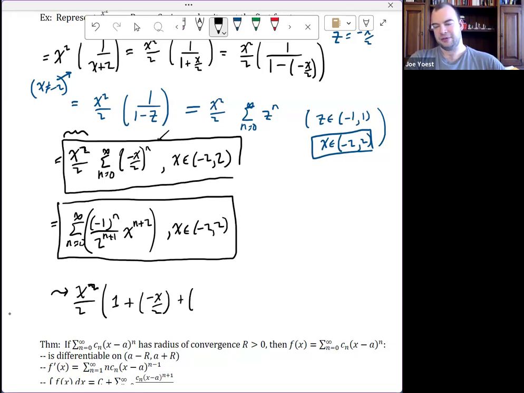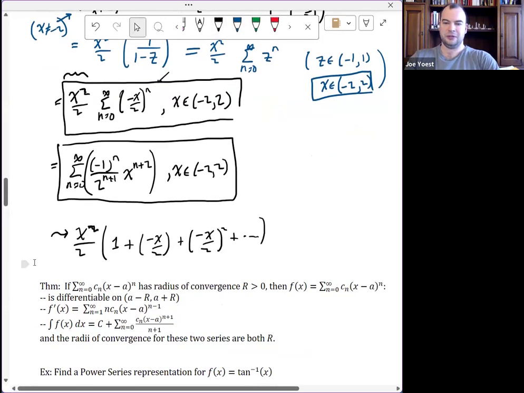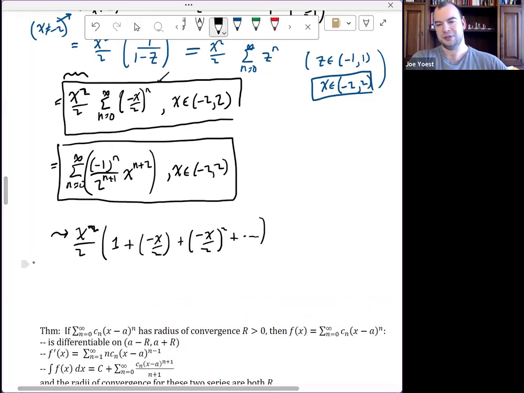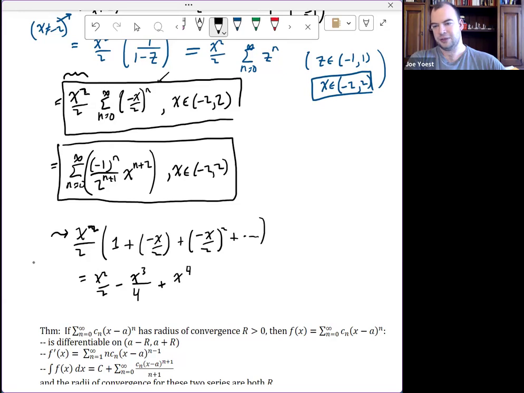When n is 2, I have this to the second power, and so on. So that's the first few terms, or that's x squared over 2 minus x cubed over 4. The negative squares off, and I get plus x to the fourth over 8, and so on.